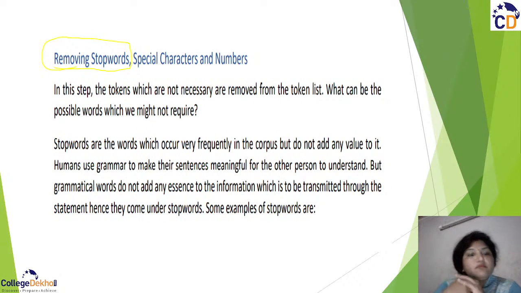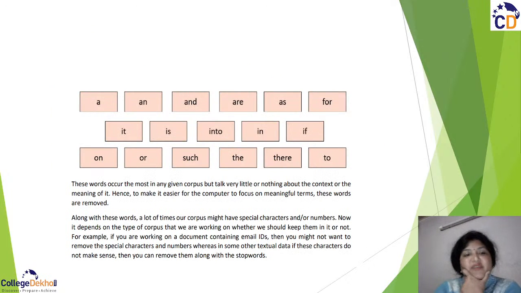Grammatical words do not add any essence to the information transmitted through the statement, hence they come under stop words. Some examples of stop words are is, the, and, and they all are stop words.